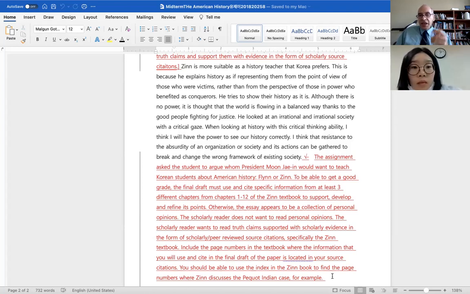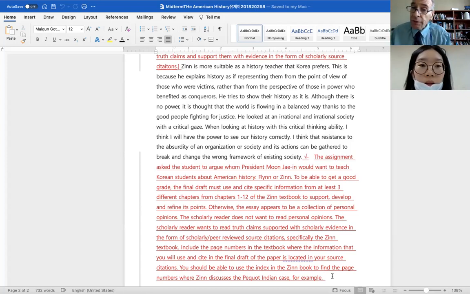It's common practice, and it's also useful because it makes the reader believe that this statement is not just Ryujay's opinion. Ryujay has evidence from Zinn to support what she claims to be true, a truth statement, a statement about something being true. And you have to prove that truth statement. You have to prove it with evidence.